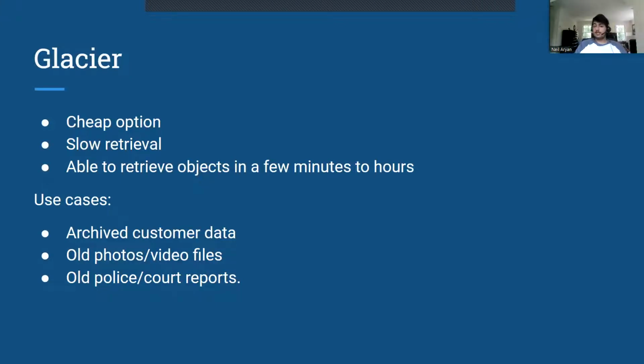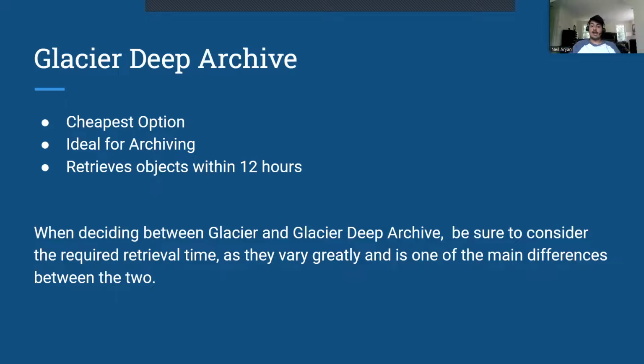Now, the other one is Glacier Deep Archive, which is the hands down cheapest option for storing your data. It's made for archiving old data or data that you rarely need to use, and it retrieves objects within 12 hours. When you choose between Glacier and Glacier Deep Archive, be sure to consider the required retrieval time, as they vary greatly.